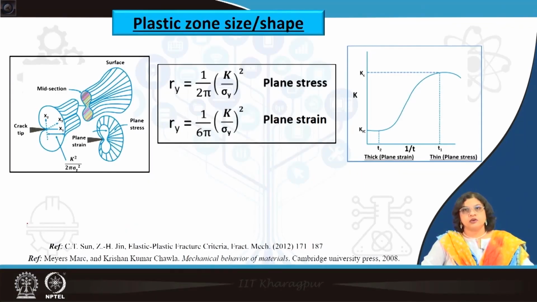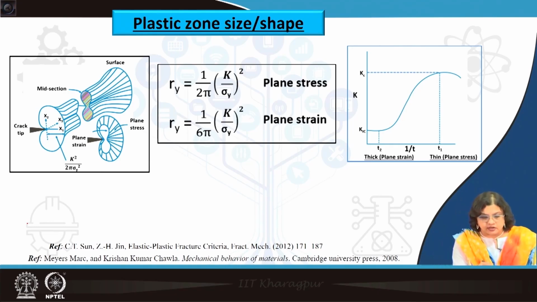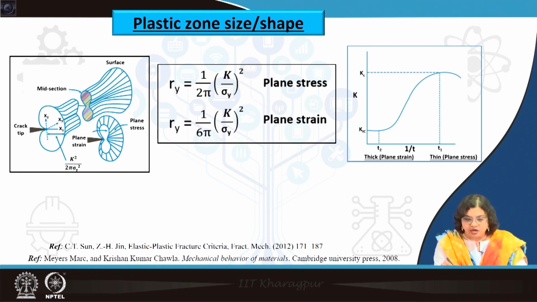So, let us start with the last lecture where we left, and we discussed the plastic zone size and shape. We have seen that if there is a crack in a component, then near the surfaces or the edges, the plane stress part develops, which includes a higher plastic zone size, something like 1 by 2 pi (K by sigma yield strength) square.